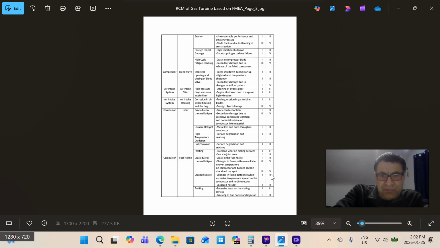And again, probability level is high, but we could align and clean the nozzle during the maintenance and drop the probability to lower probability.